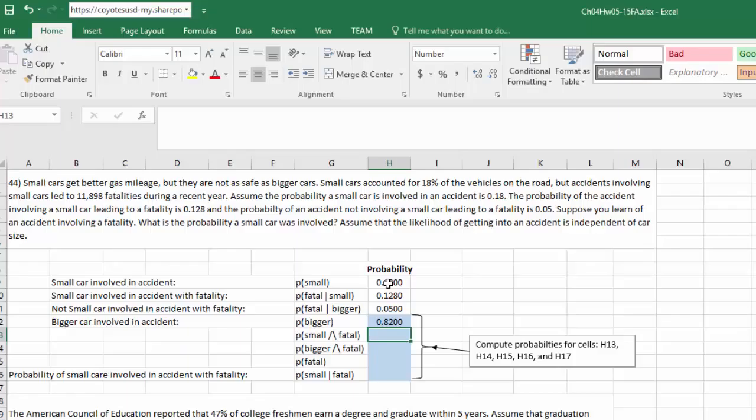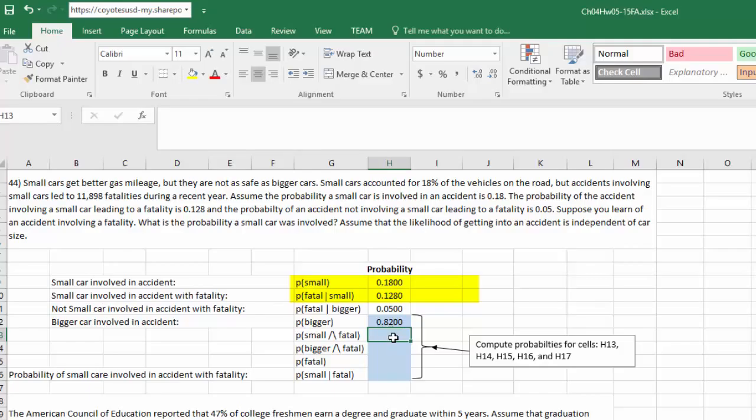So what's the probability that an accident contains a small car and it's fatal? This one is simply the probability that a small car is involved in an accident, that's 0.18, multiplied by the probability that the accident was fatal given a small car, which was 0.128.